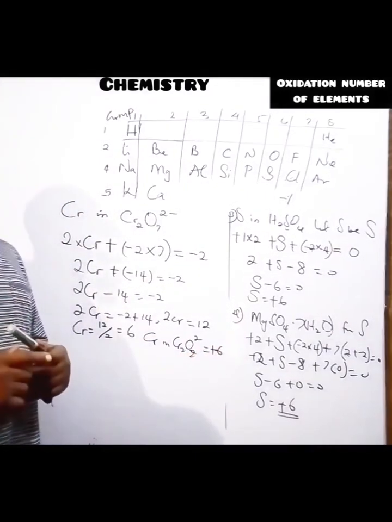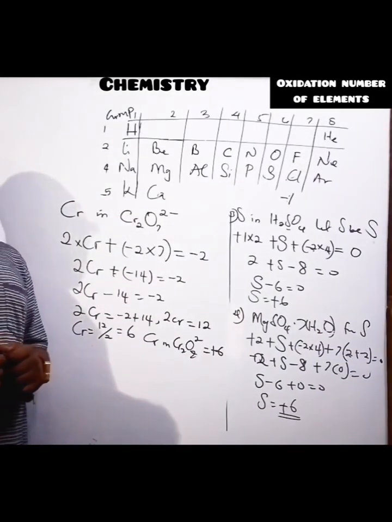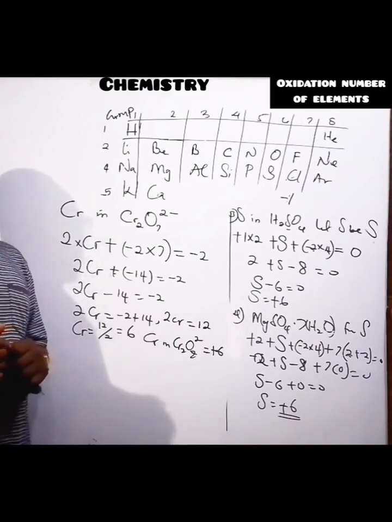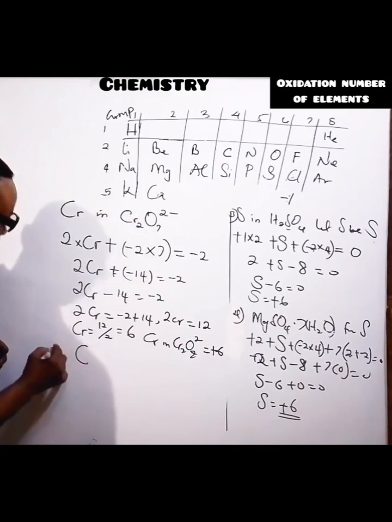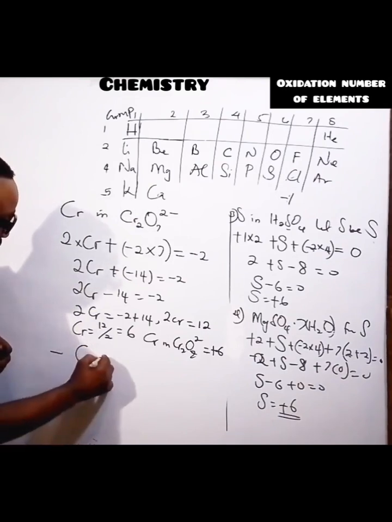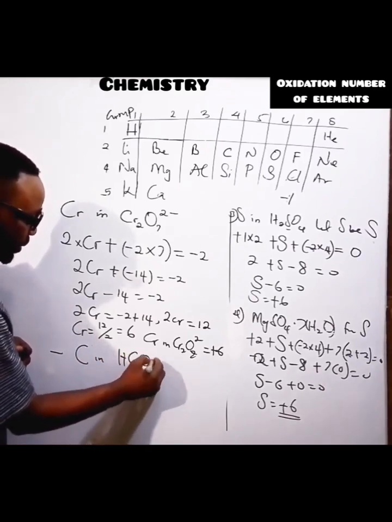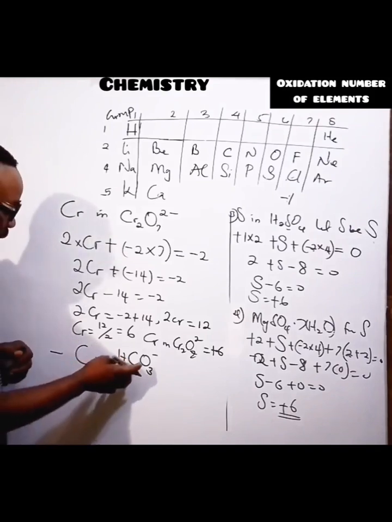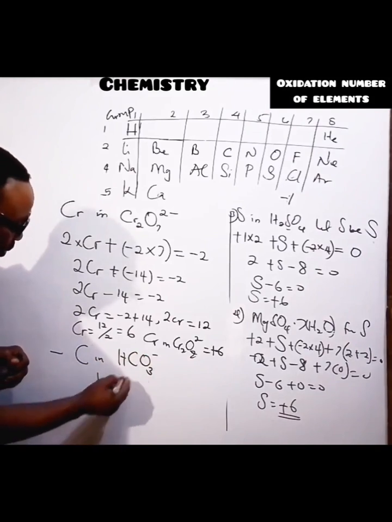Now, we also need to look at another question here, which is asking us to find the oxidation number of carbon in HCO3-. The oxidation number of hydrogen here, in its compound state, is 1 plus.